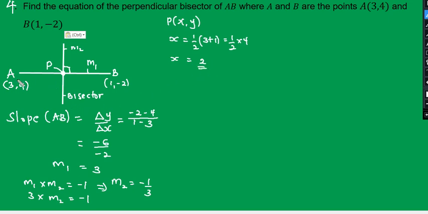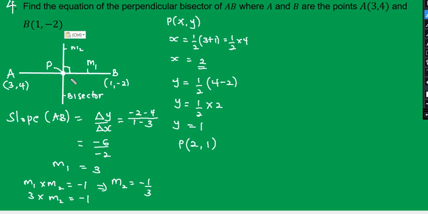Let us get the y coordinate. y is a half of 4 plus -2, which is the same as 4 minus 2, so y equals a half times 2, y is 1. So our point on the line is 2, 1.